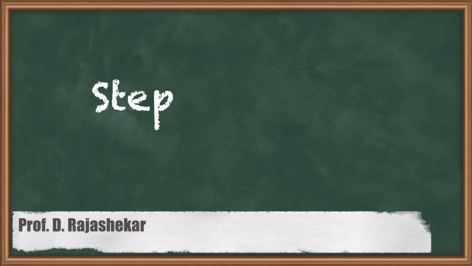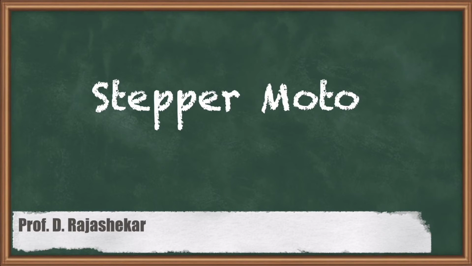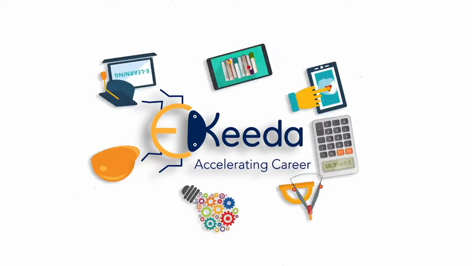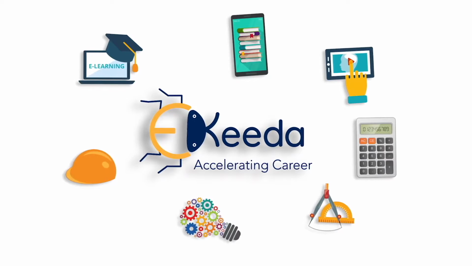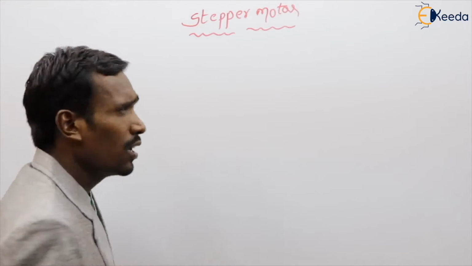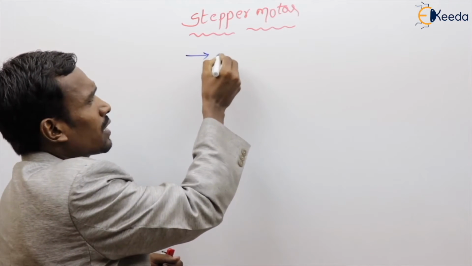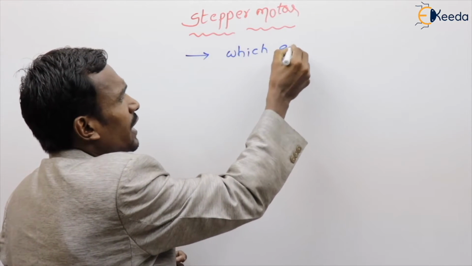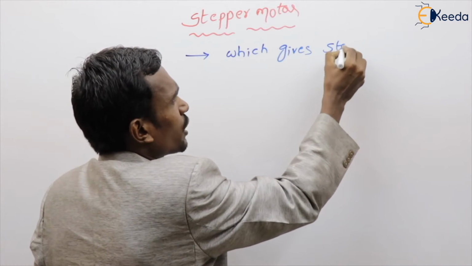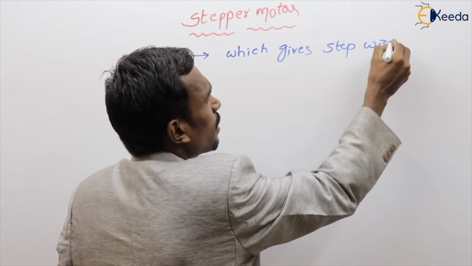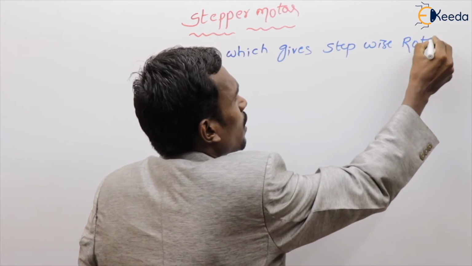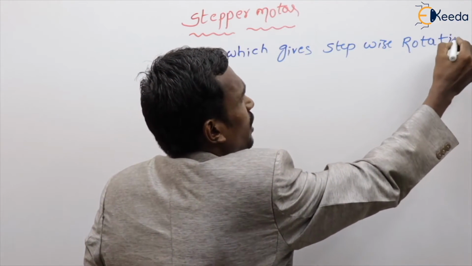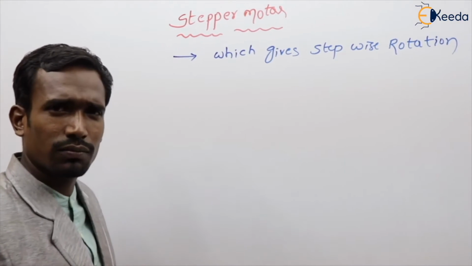Hi friends, in this video we are going to discuss the stepper motor. A stepper motor is nothing but the motor which gives stepwise rotation. The motor which gives stepwise rotation is called a stepper motor.